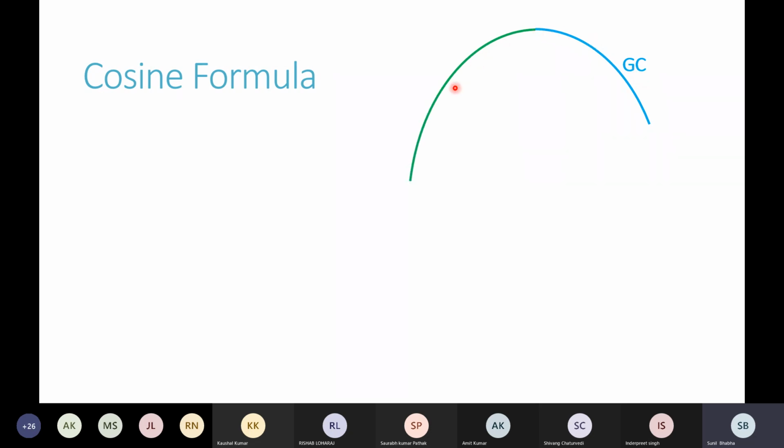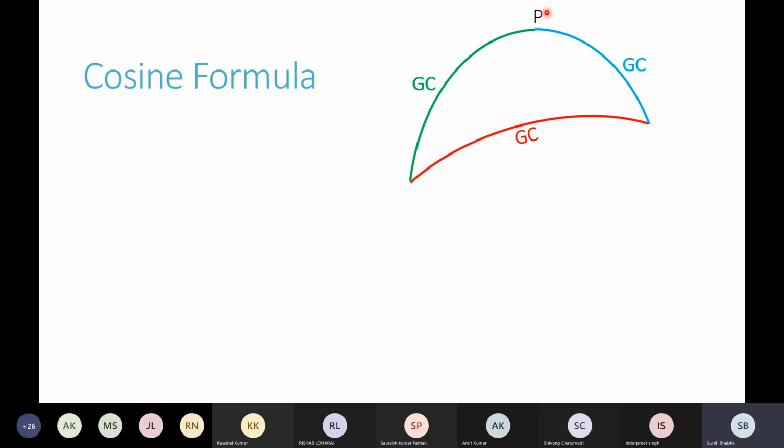You can see the second side of the spherical triangle now in green color. This is also the arc of a great circle. Let's mark the third one now. You can see the third side of the spherical triangle, which is again an arc of a great circle. Let's give it a name also.